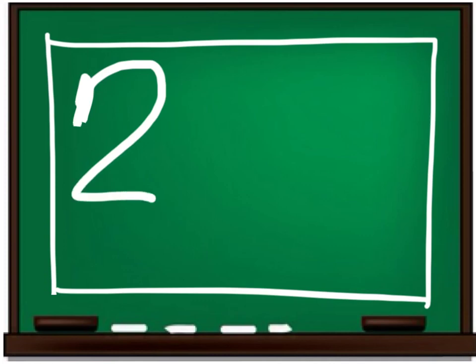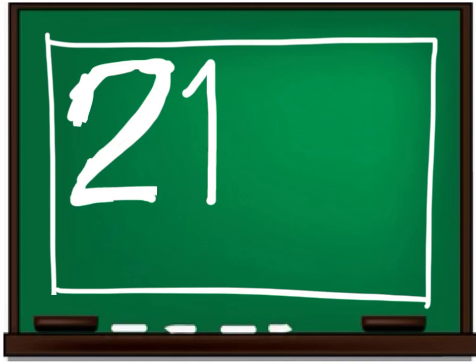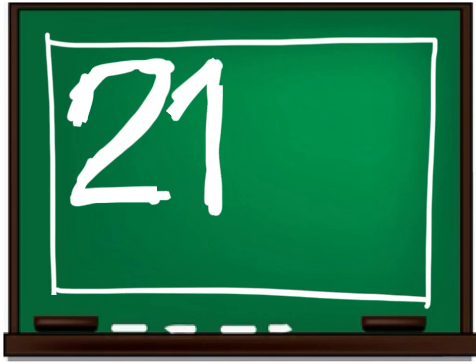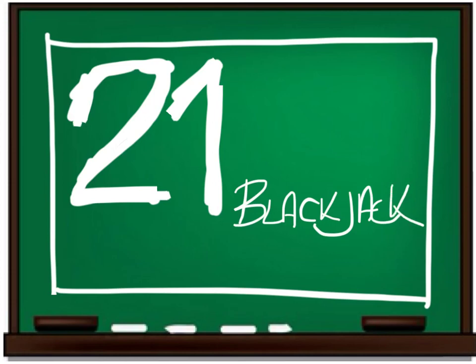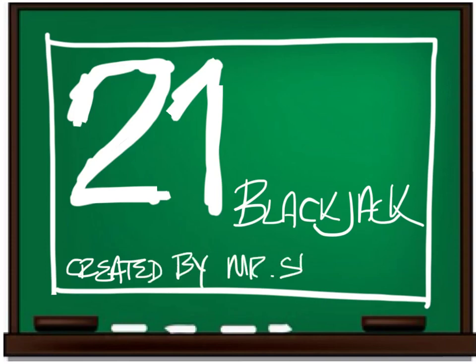If it were me, and I were trying to come up with an idea, I would try to find a way where I could make the number 21 really big, like that, and then maybe try to find a way to offset the actual words Blackjack, and then have created by myself, a version number you might want to have in there.